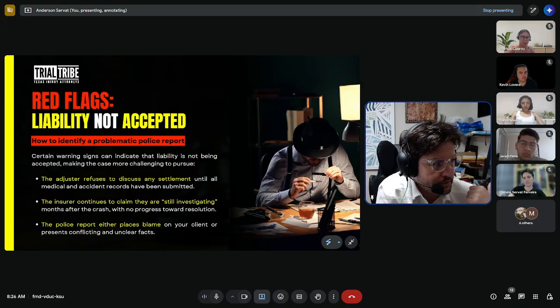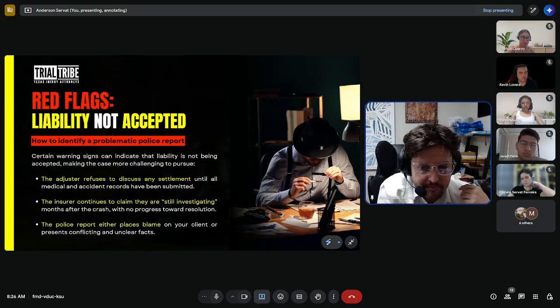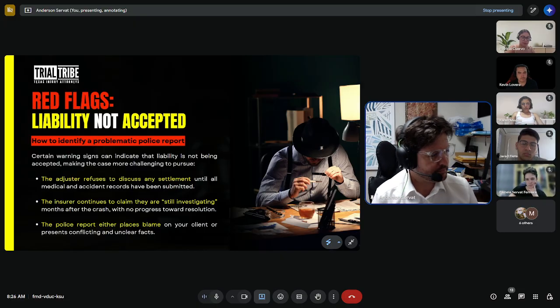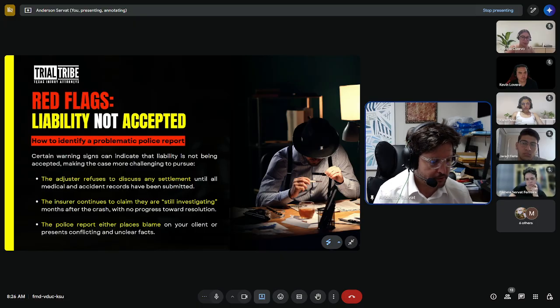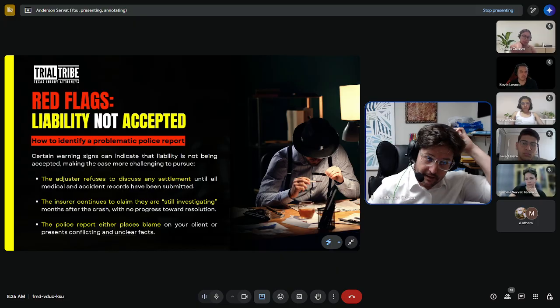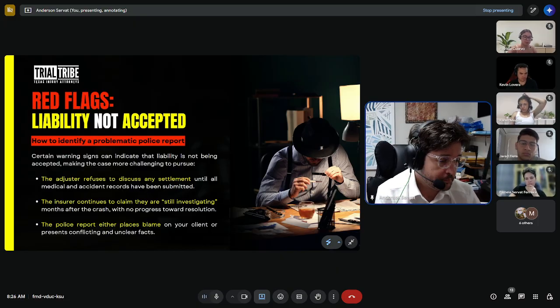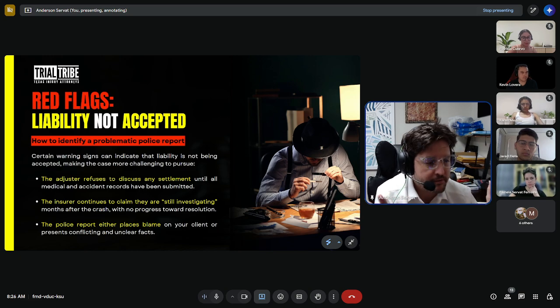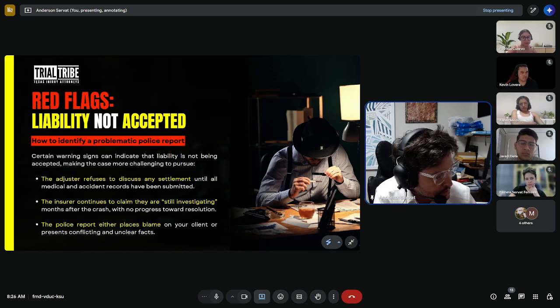If the adjuster refuses to discuss any offer and did not talk about the property damage, because normally when they say we're going to start fixing your car right now, liability is basically accepted. So pay attention to how the adjuster answers, because even with a police report putting their insured at fault, they may deny because they have their own investigation and some nonsense.